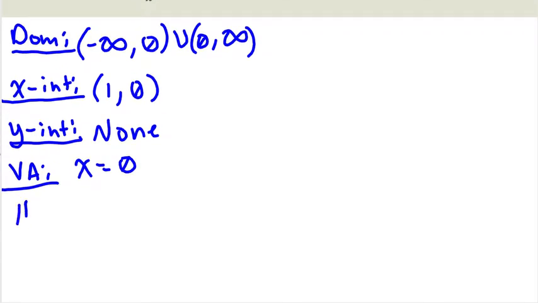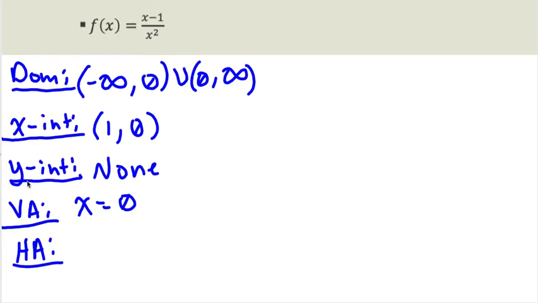For your horizontal asymptote, we look at our 3 cases with our highest power rule, or you could look at what happens if we take the limit as x approaches positive or negative infinity of this function, which is the same thing you get if you look at your 3 cases. If we have a bigger exponent in the denominator, that means the horizontal asymptote is y equals 0.